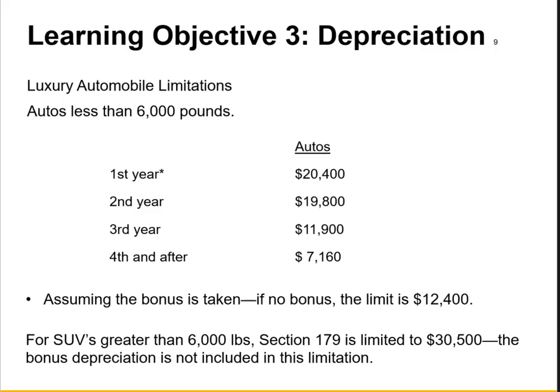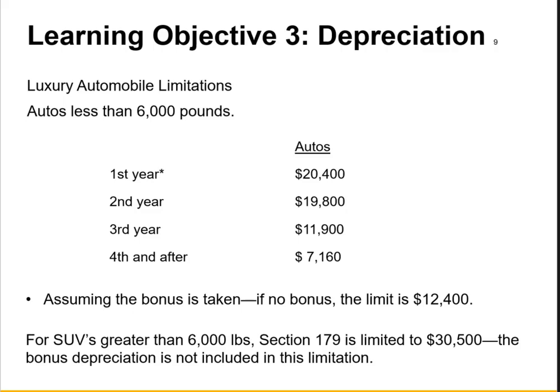So you buy a Maserati for $350,000. Your depreciation in year one is still going to be $20,400. And year two, $19,800. Okay? So it doesn't matter that if we calculated depreciation on it, it would be much higher than that.